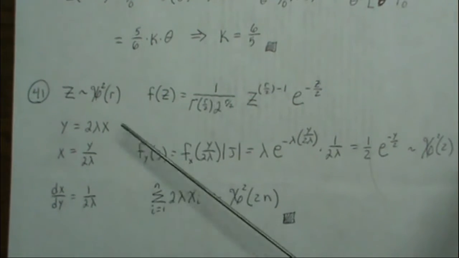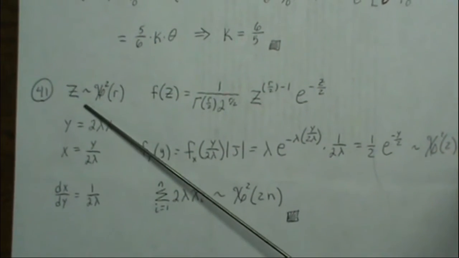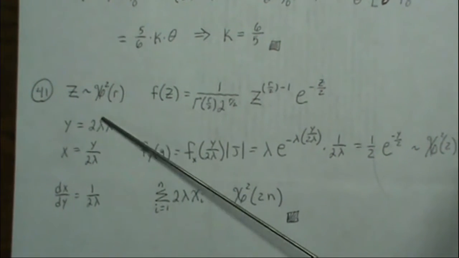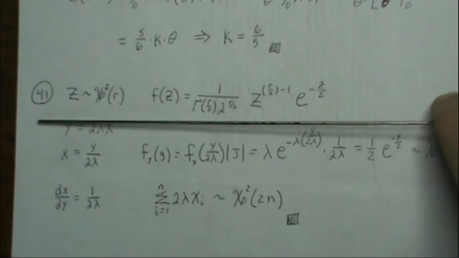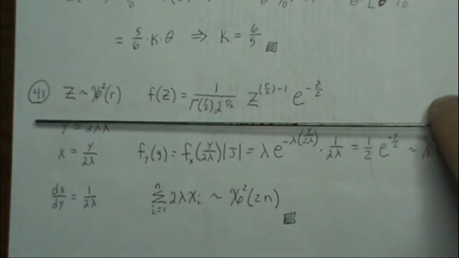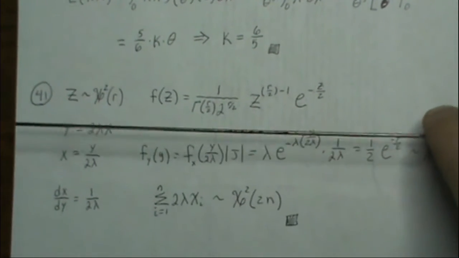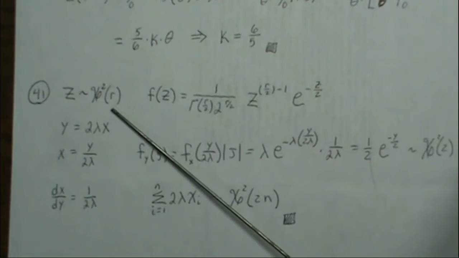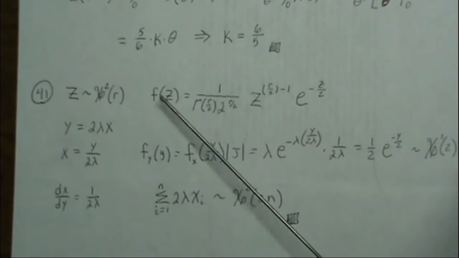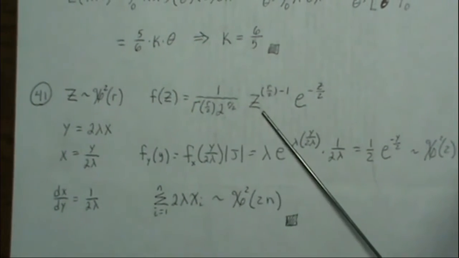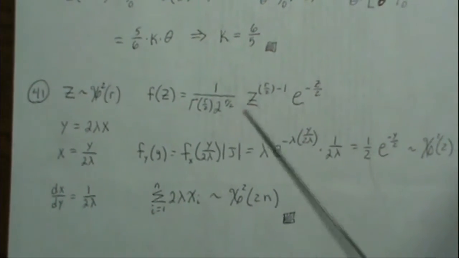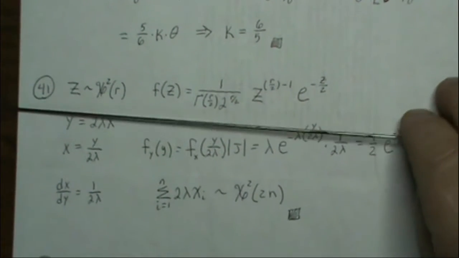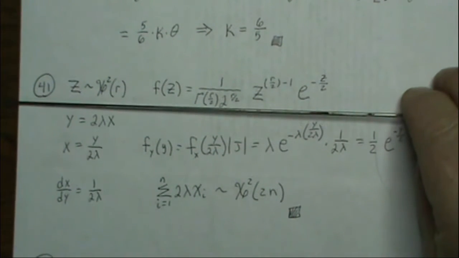Here's one note: if we let Z be chi-squared with r degrees of freedom, this is the density. So we'll need this relationship in a second. The top is not necessarily related to the bottom.